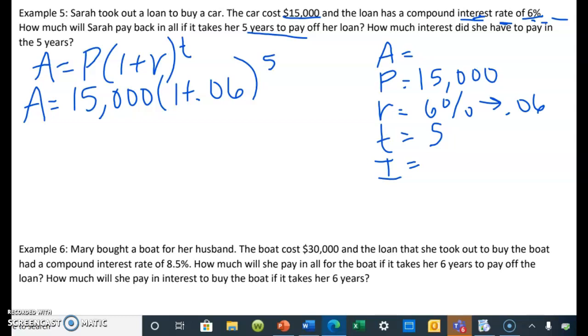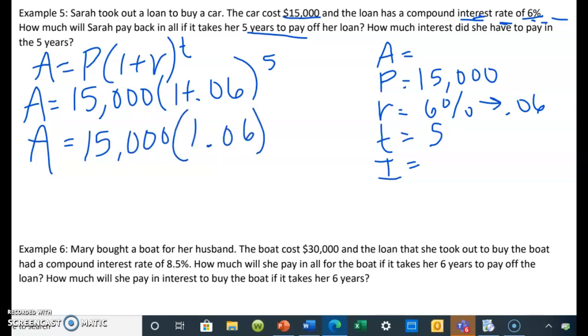Okay, I'm going to go ahead and add my parentheses. All right, so I'm going to do 1.06 to the 5th power, and I get 1.33822, blah, blah, blah. And I'm just going to hit times 15,000.